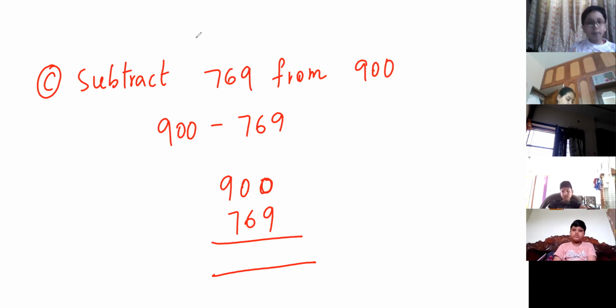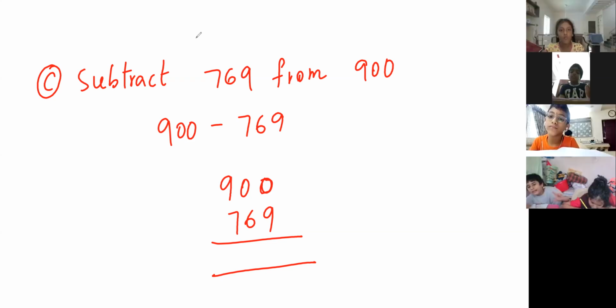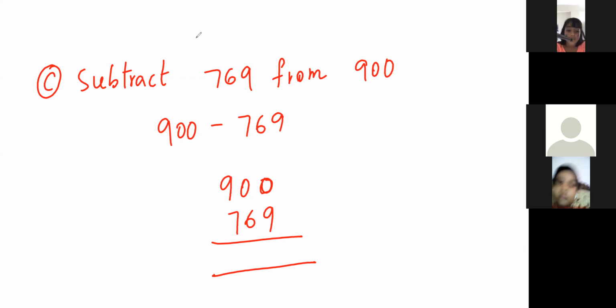Who else is still writing? Yashmant, where is the screen? Remaining all of you are looking at the screen. Medha, look at the screen. Ananya, why did you turn off your video? Okay, Ananya, I can see you now. Rishang, you people have to turn on the videos.